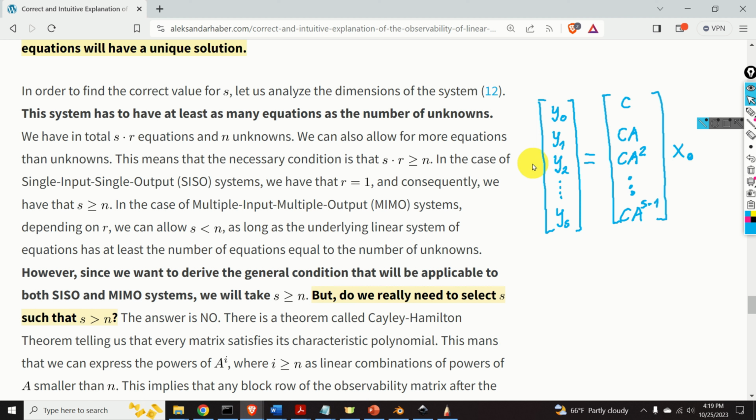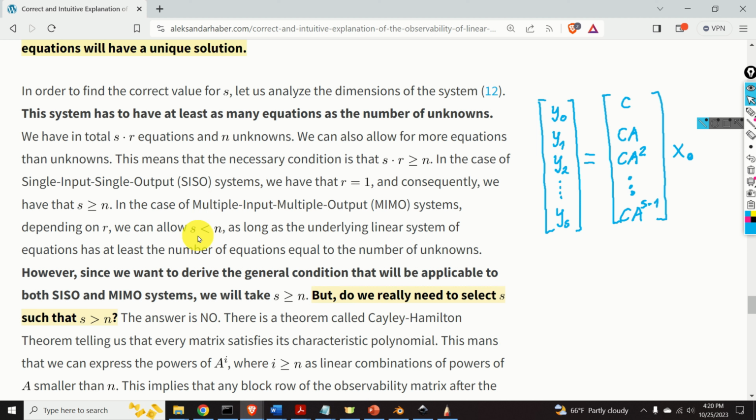We can also allow for more equations than unknowns. This means that the necessary condition is that s times r should be greater than or equal to n. In the case of single input, single output systems, often abbreviated as SISO, we have that r is equal to 1, and consequently we have to have at least s greater than or equal to n.